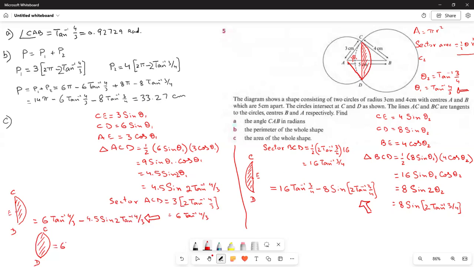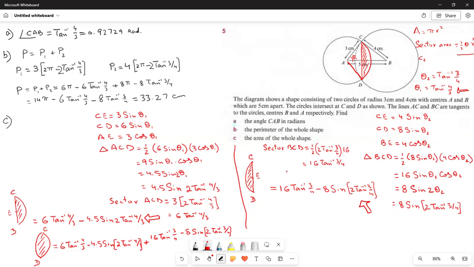It is going to be 6 tangent inverse 4 by 3 minus 4.5 sine of 2 times tangent inverse 4 by 3, and plus 16 times tangent inverse 3 by 4 and minus 8 times sine of 2 times tangent inverse 3 by 4. So I have to calculate the sine of this whole thing. Similarly, I have to calculate sine of this whole thing.